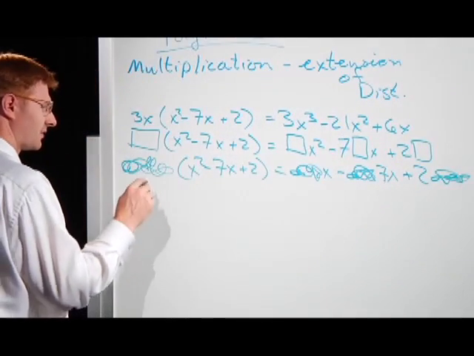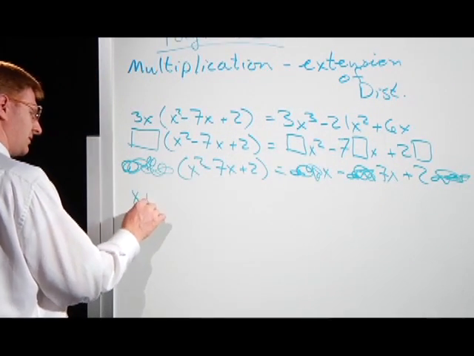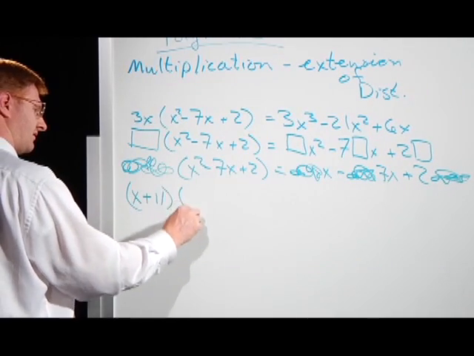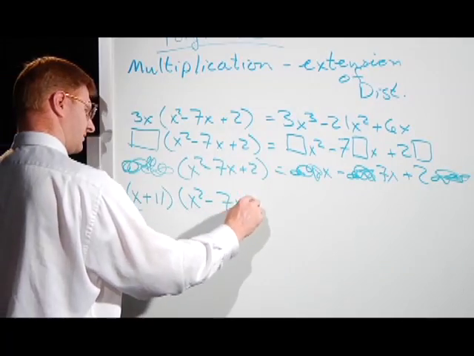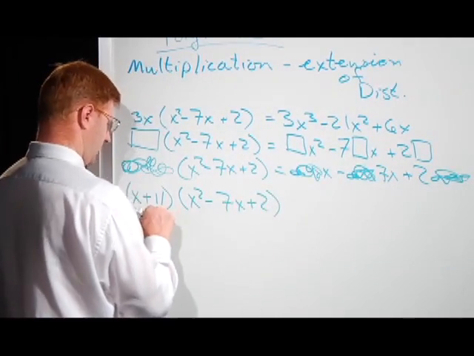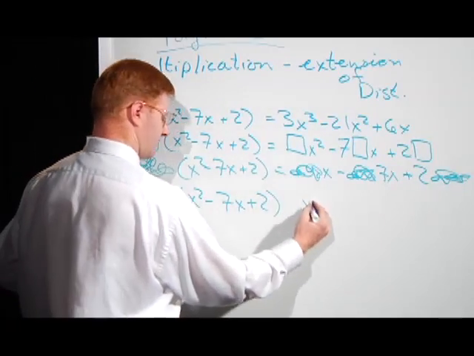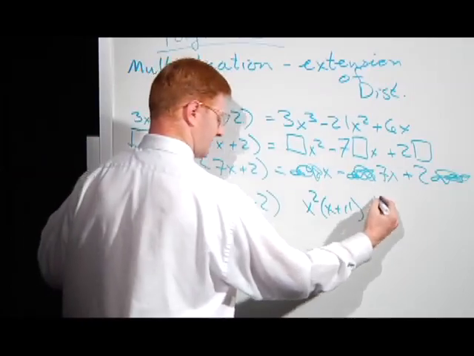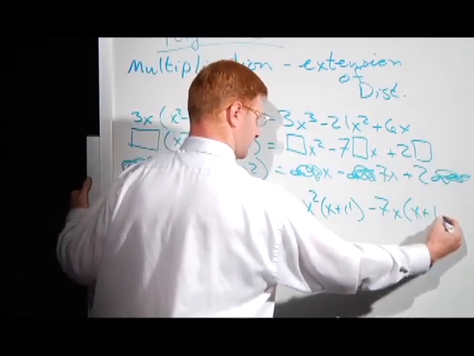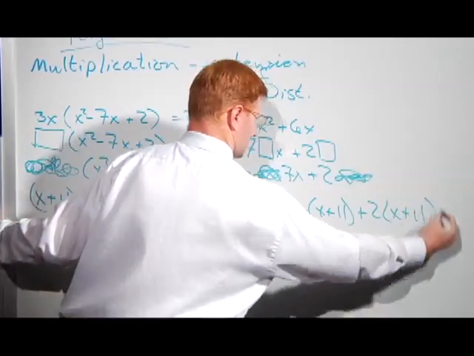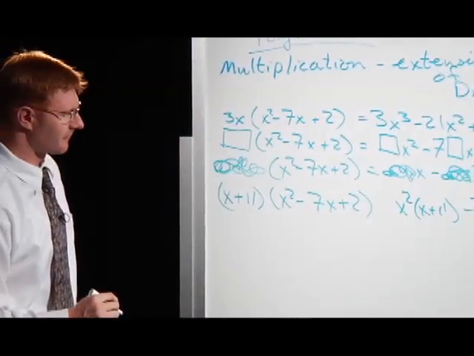Okay. If they really get this, then I should be able to put x plus 11 right there and have them come up with the following. I should be able to take x squared times x plus 11, minus 7x times x plus 11, plus 2 times x plus 11.